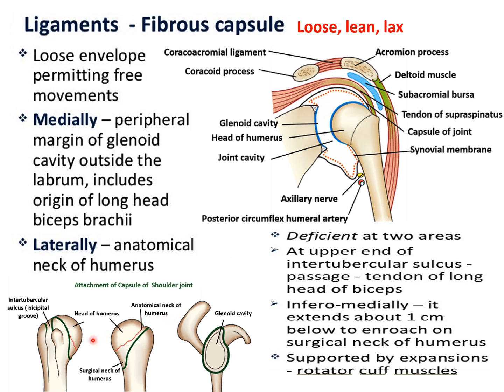And its attachment laterally is to the anatomical neck of the humerus, which is deficient at two places: the upper end of the intertubercular sulcus, which gives access to the passage of the long tendon of the biceps, and inferomedially it extends about 1 centimeter below to encroach onto the surgical neck of the humerus.